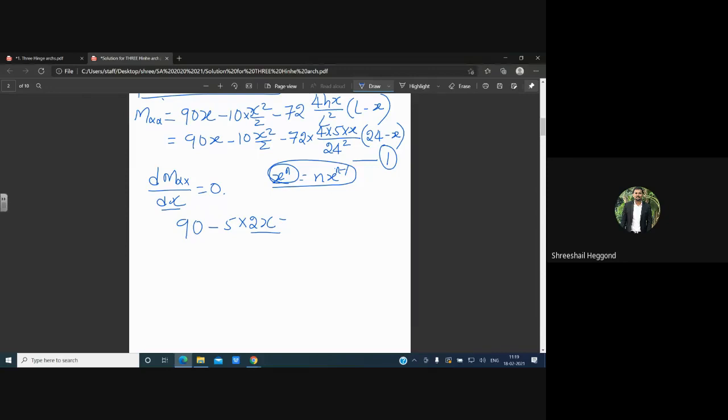The remaining can be differentiated: x I multiply inside, therefore directly I can write the initial values. 24 into x, its differentiation is 24, minus x square, whose differentiation can be written as minus 2x. Everybody is clear?